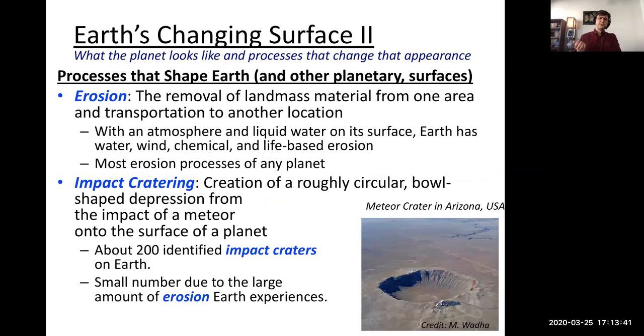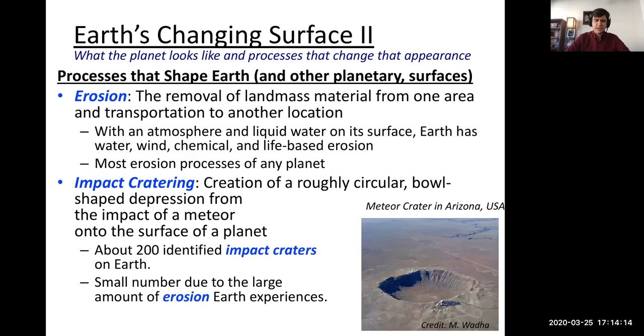What other processes go on that change Earth's surface? Erosion, a process that changes the planetary surface. And this is the removal of landmass, so taking material from land and moving it from one location to another location. Typical view would be we are going to erode away mountains. We're going to take all the material on mountain chains formed by tectonic processes, and we're going to bring it back down. We're going to erode them away. So it's just the removal of landmass and transporting it from one location to another.